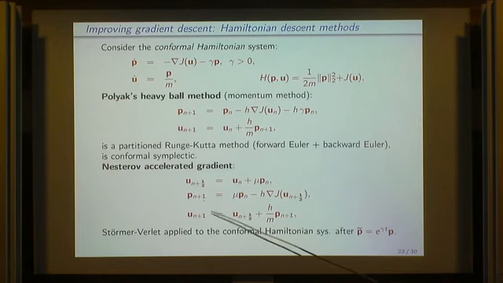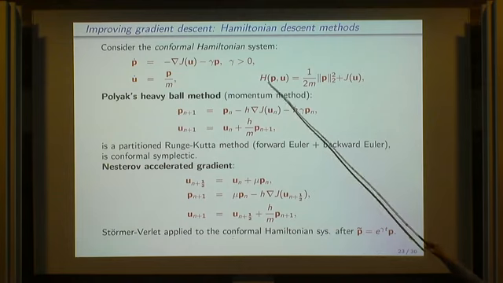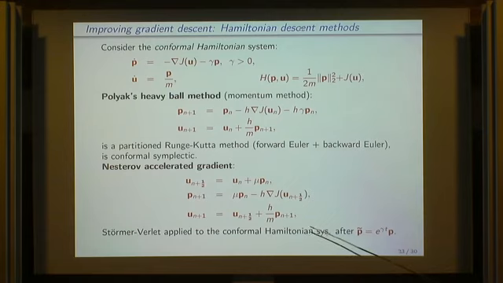Another very popular method is the Nesterov accelerated method, and that is something like a Störmer-Verlet integration of the same system. Okay? But not immediately, not directly on the system. What you need to do first is to change the variables by pre-multiplying the p by this exponential.